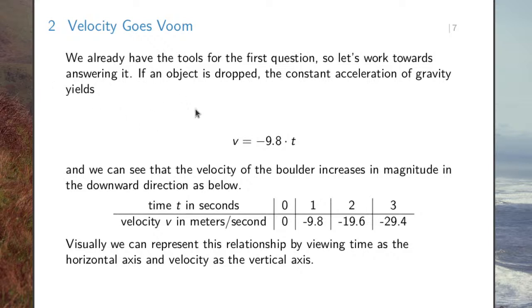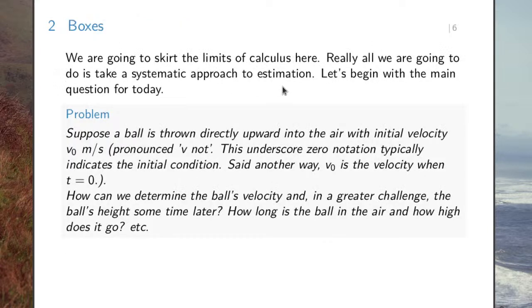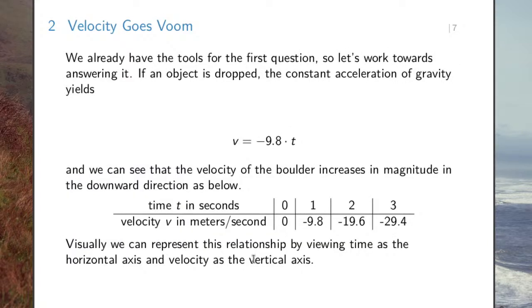Anyway, so we already have the tools for this first question, right? Because the first part of the question is, how can we determine the ball's velocity at however many seconds have gone by? Well, we already know how to do this because gravity accelerates at a constant rate, right?